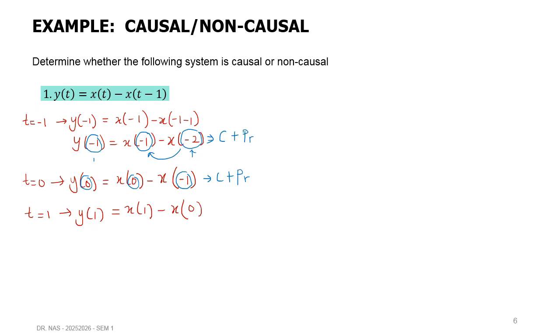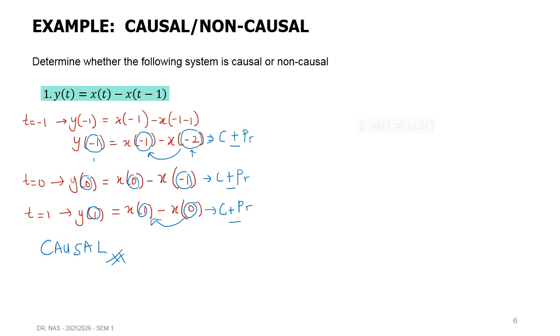You have 1 as the current state. So you have the current state plus 0, which is still lower than 1, so it's the previous state. Okay, so when you have a combination of current and previous states, the system is causal because there is no future state.